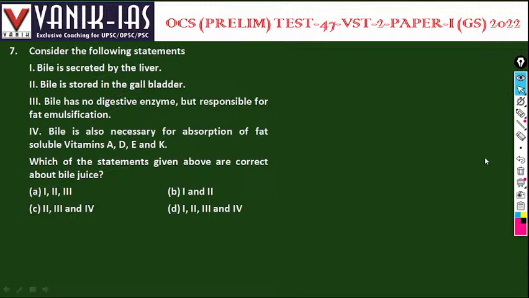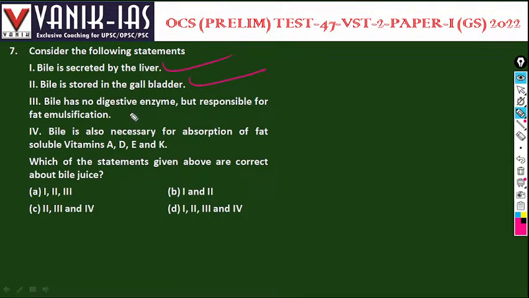Bile is secreted in the liver. What is bile? So bile is secreted in the liver. Yes. Bile is stored in the gallbladder.